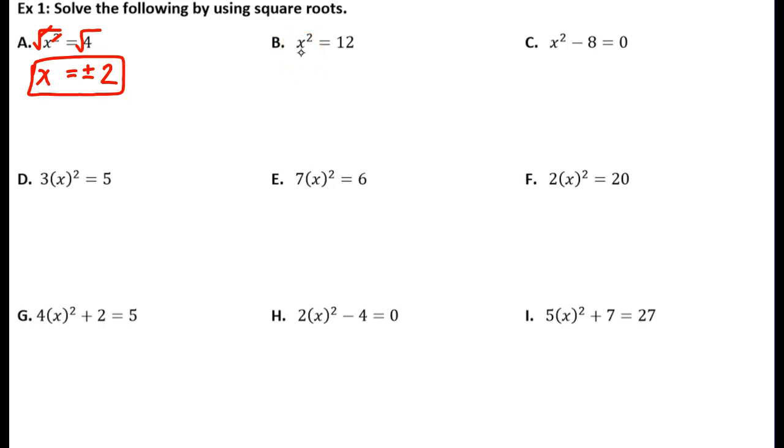When we look at b, again, this is an x squared equals c, so it's equaling a constant. So when I square root both sides to get x by itself, remember I'm going to have a positive and a negative here. So this becomes plus or minus the square root of 12. Now 12 simplifies. If I use a factor tree, that would be 2 times 6.